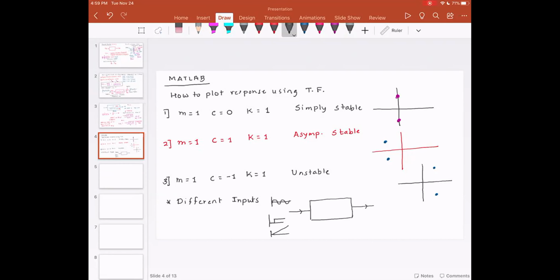So hit Simulink, and let Simulink open. It will take some time for Simulink to open. Once Simulink is opened, I will show you how we can do the analysis.